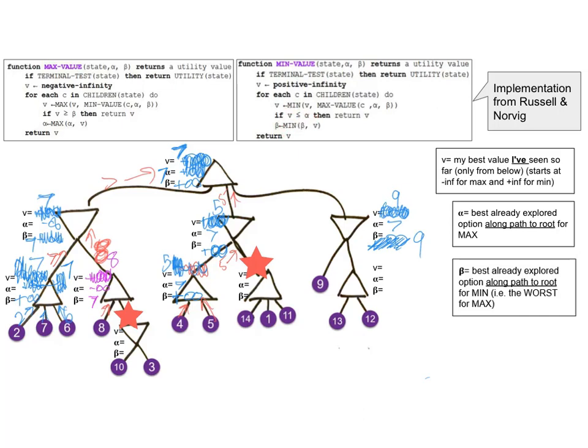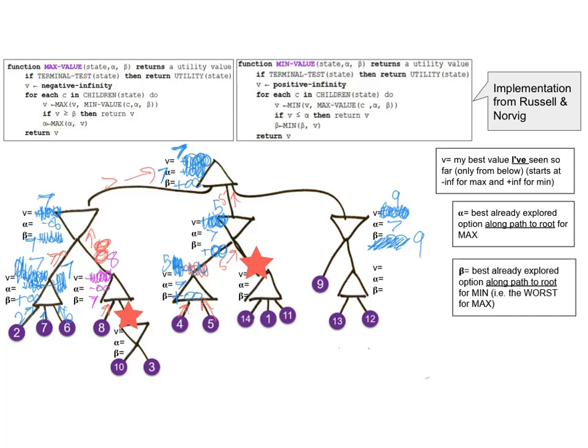So we just finished this loop for the left child. Now we're going to do it for the right child. And we say V gets the minimum of this. Oh, we got to compute the max value of the right child. So we're going to run max on this guy. And we're passing in C, that node, and alpha and beta. So we got to copy down the 7 and the 9 down here.